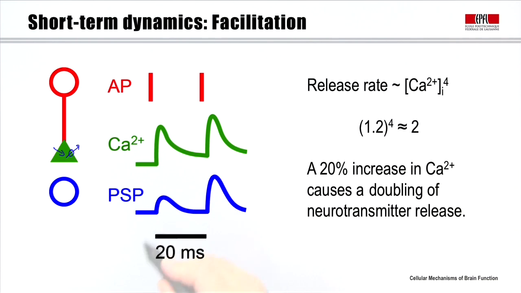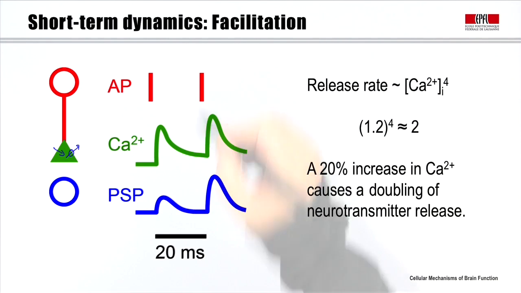And so in the 20 milliseconds that follow the action potential, there's a gradual reduction in the calcium concentration in the presynaptic terminal. And that depends on the activity of the pumps, the diffusion of the calcium away from the entry site at the voltage-gated calcium channels, and the binding of various calcium buffers.